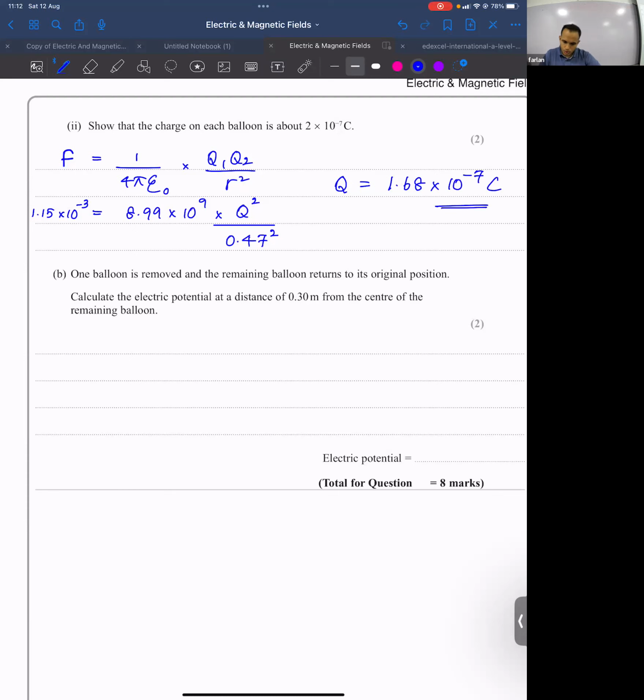So the question was to show that it is about 2 into 10 to the power minus 7. Yeah, 1.67 into 10 to the power minus 7.